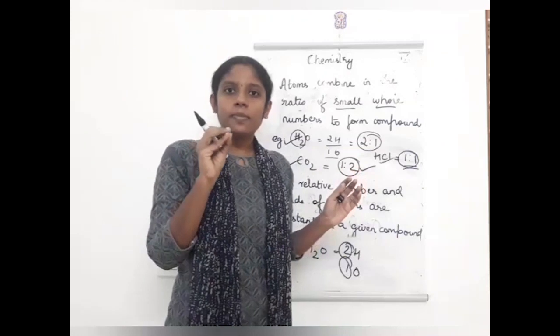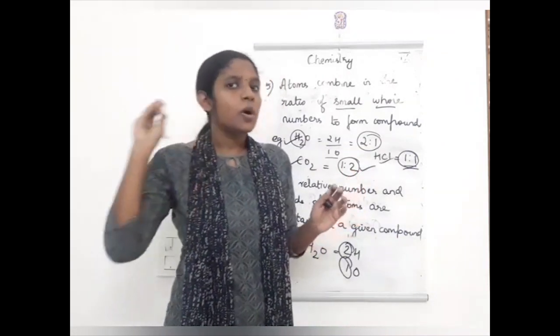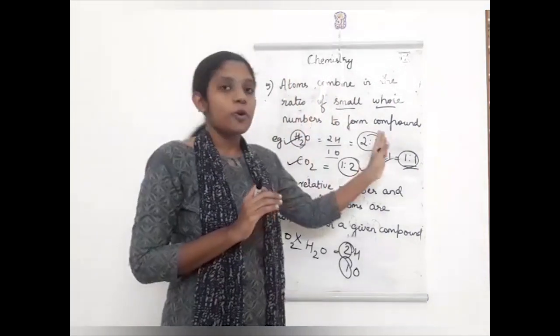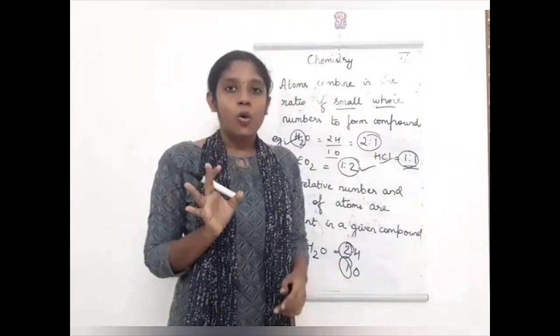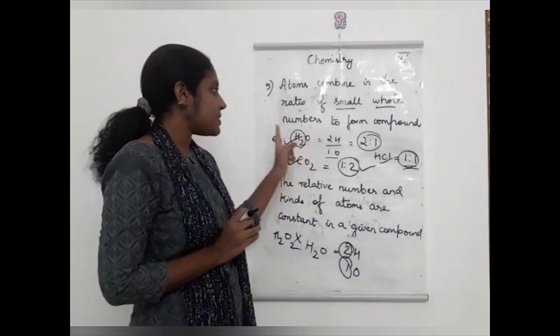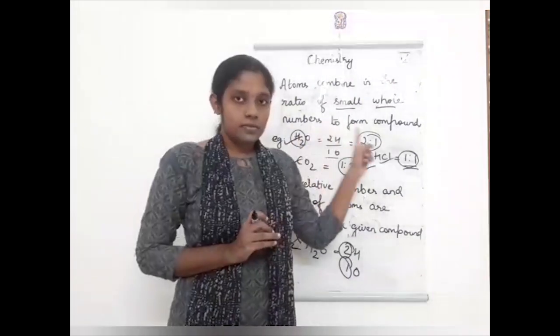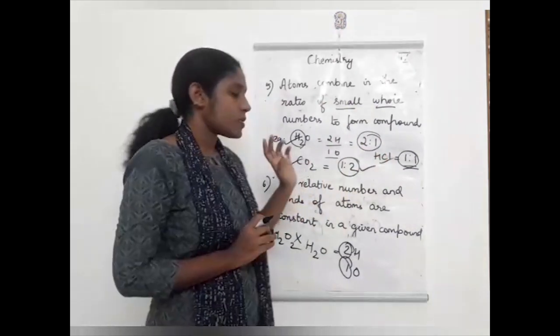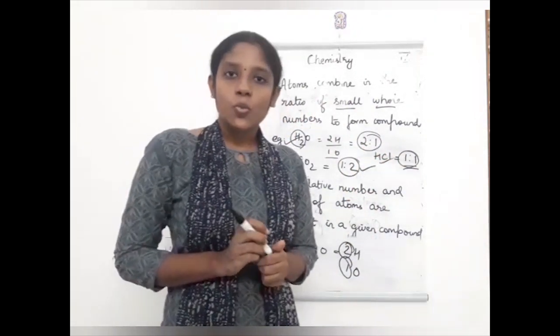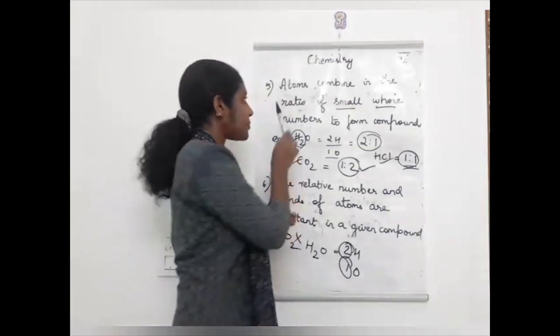Whole numbers means numbers starting from 0. They are called whole numbers. So every time, atoms combine to form compounds in small whole numbers. Three examples: water, the ratio is 2:1; carbon dioxide, 1:2; and hydrochloric acid, 1:1. Okay, so that is the fifth postulate.